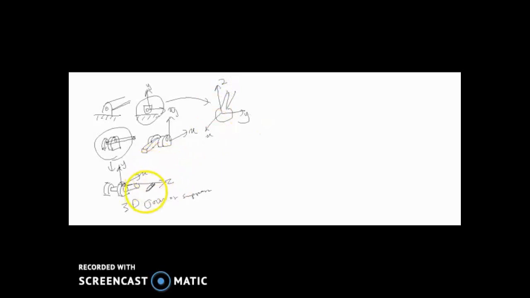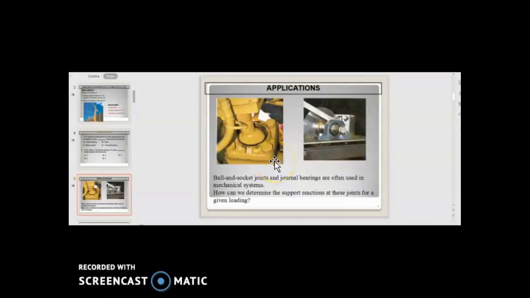So these two joints or supports are examples of the 3-dimensional case. This one is a ball socket and this one is a general bearing. So how can we determine the support reaction at this joint for a given loading?